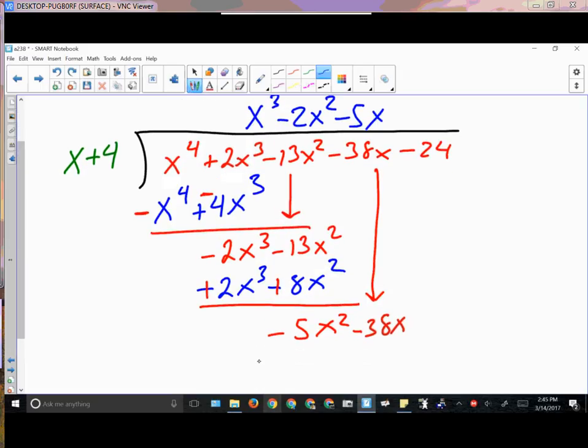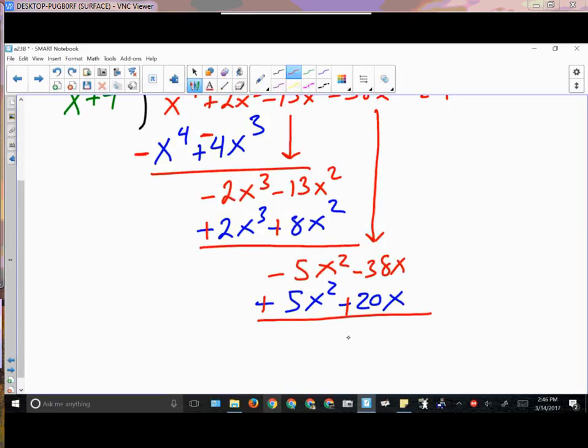So that gives me negative 5x squared minus 20x. Yes? Change the sign. This goes to positive, that goes to positive. Negative 5x squared, positive 5x squared, cancels each other out.